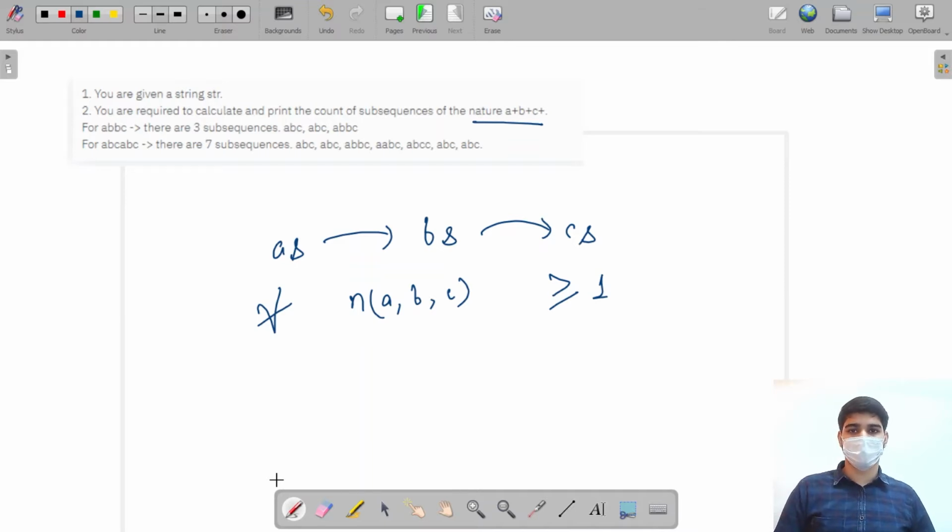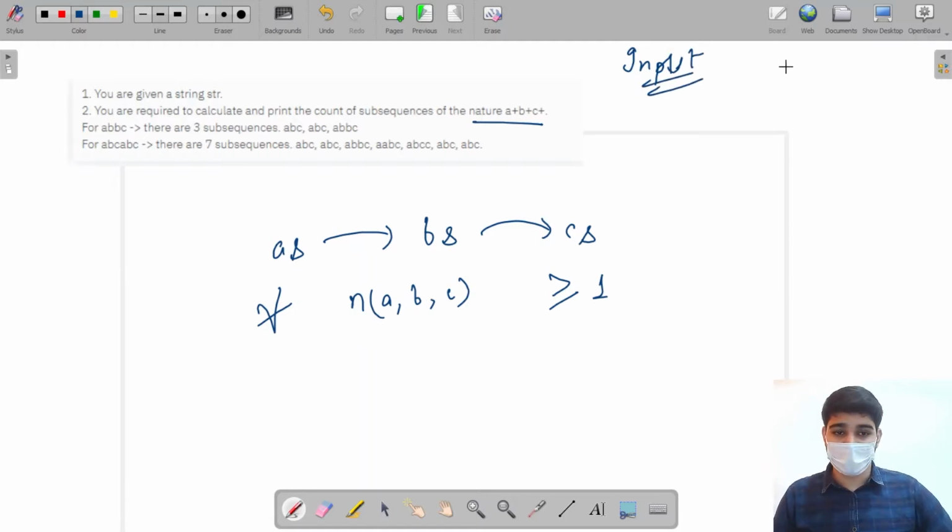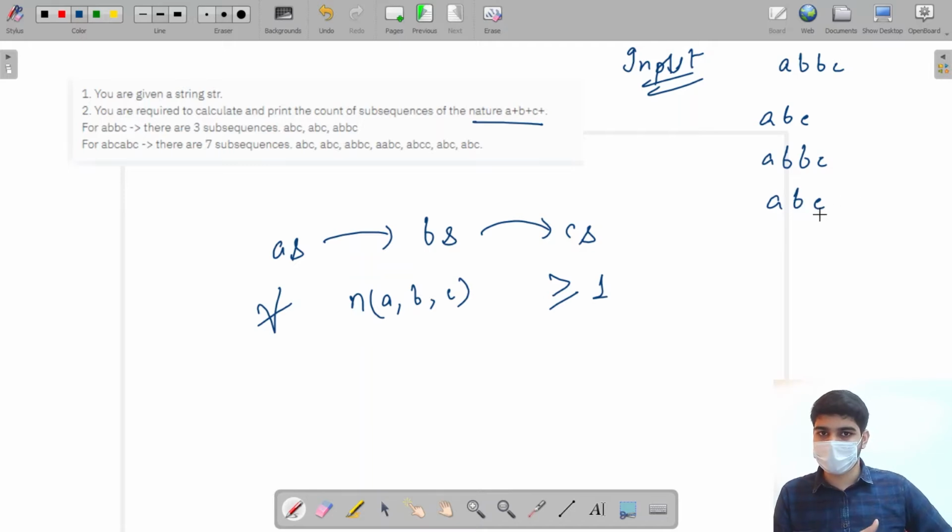Is it clear? We can take a sample input over here and say that for, let's suppose, A, B, B, C, the number of subsequences that follow the nature of A+B+C+ are ABC, ABBC, and ABC again, right?